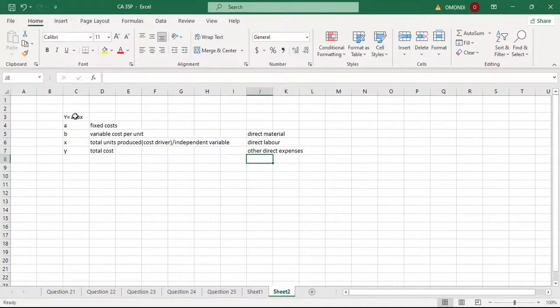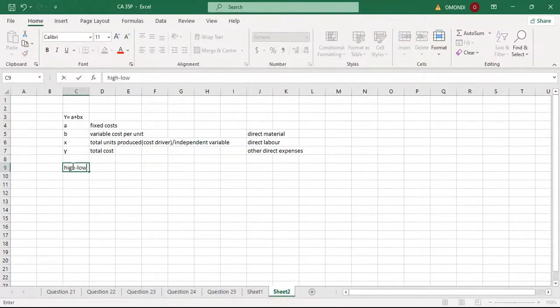So once you've known this formula here, we had several methods of calculating this cost function. Of course, method number one was by use of high-low method. Number two, we were using scatter graph method.